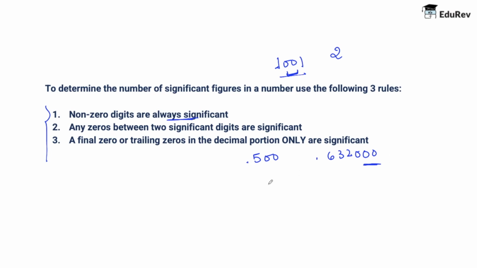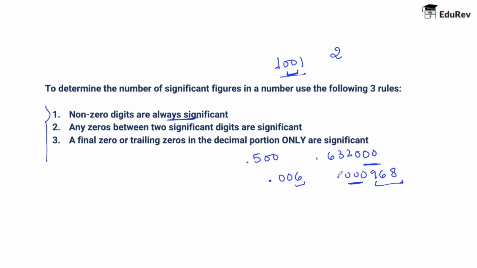But on the other hand, if I tell you that 0.006 is a number and 0.000968 is a number, then the zeros that are preceding these non-zero digits are not significant. I hope you understood these three.